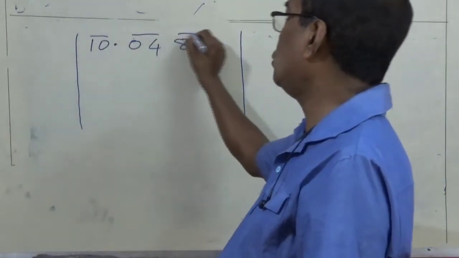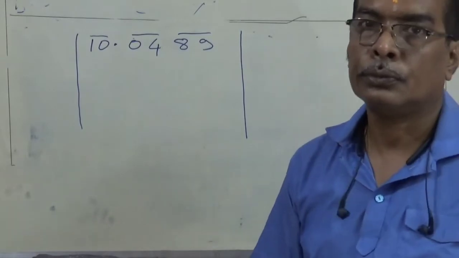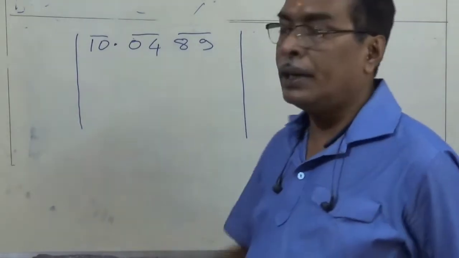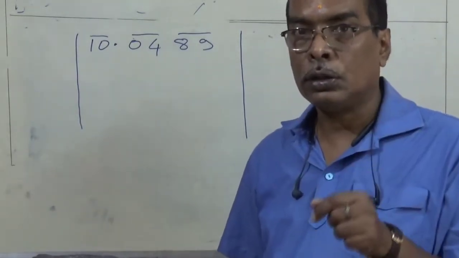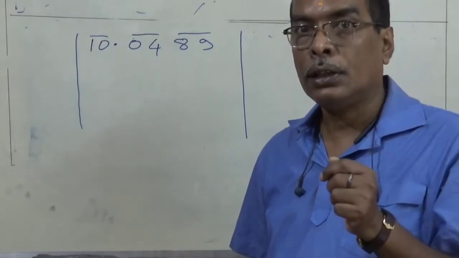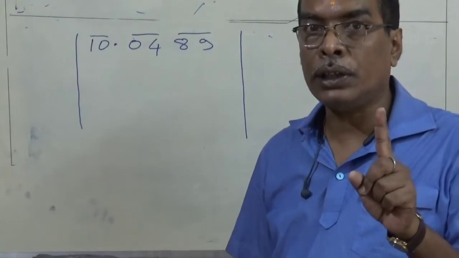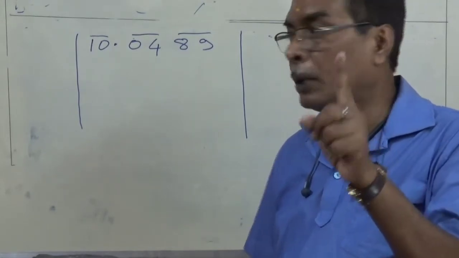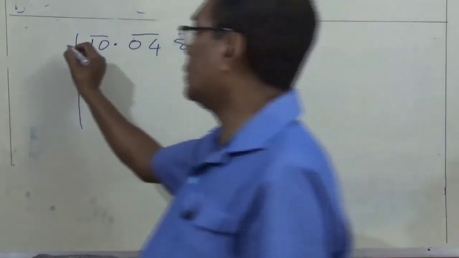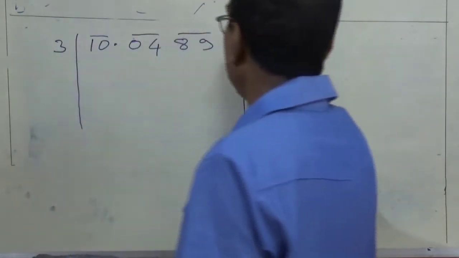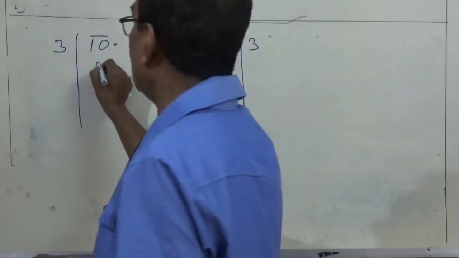One pair, two pair. Okay. Now divide this 10 pairwise. 2 2s are 4, 3 3s are 9, 4 4s are 16, which is more than 10. So what will the number be here? 3. So write here 3. Similarly write here 3 and 3 3s are 9.